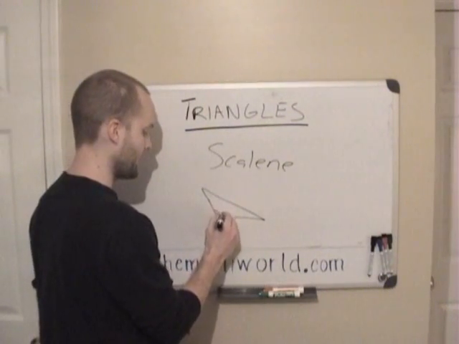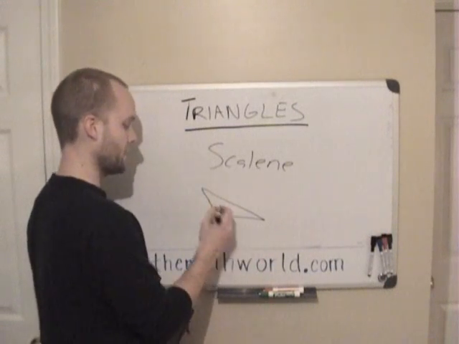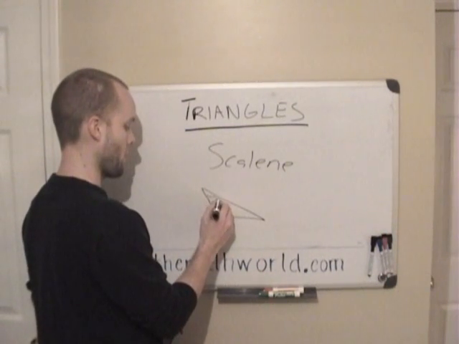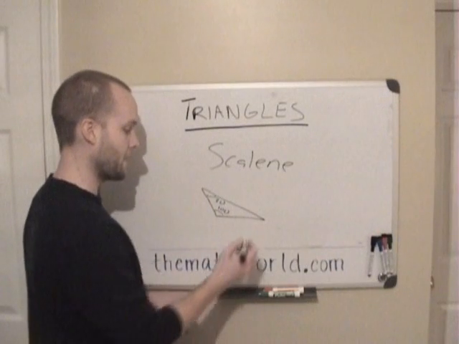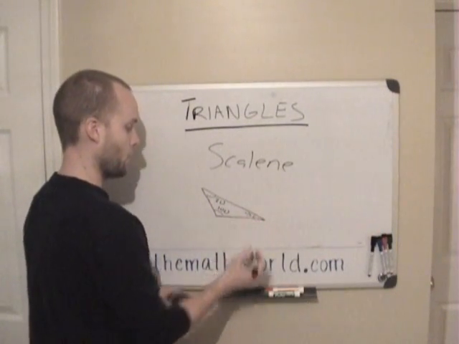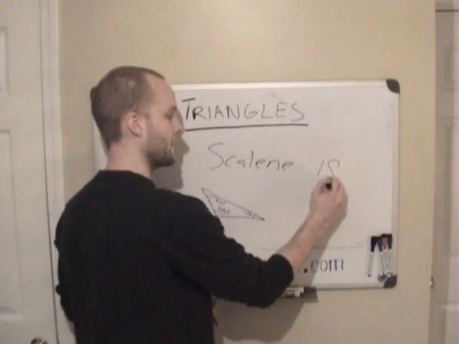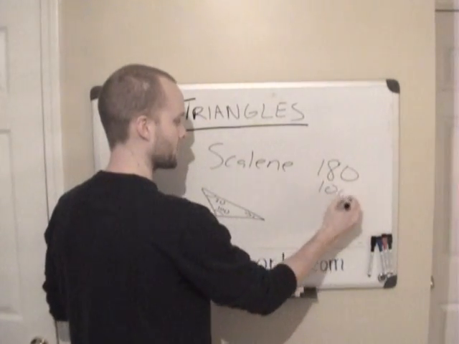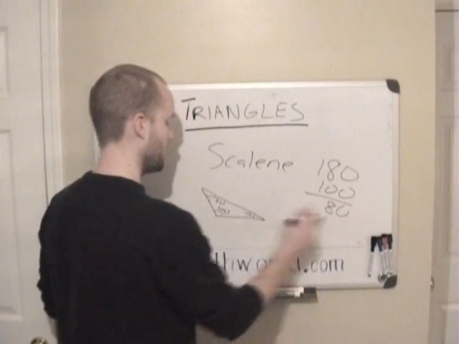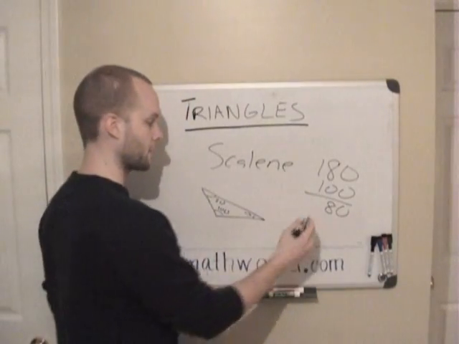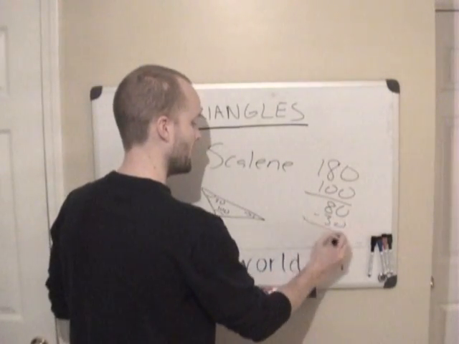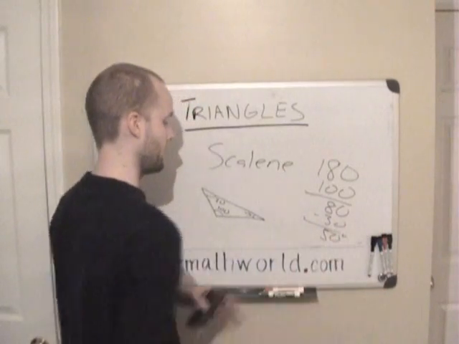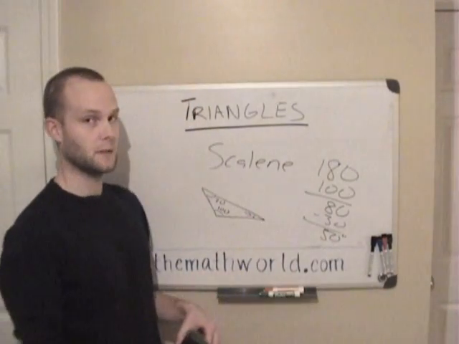So if we're given, let's say this one is 100 degrees and this one is 30 degrees, and they say find this angle. Well, we already know that there's 180 degrees in every triangle, and we're given 100, so we'll subtract 100, that's 80, and subtract 30, our other given angle, and we're left with 50 degrees. So this angle is 50 degrees.